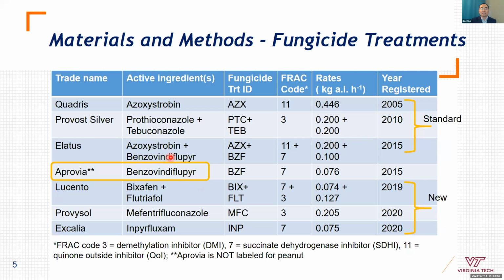So we want to compare these 2 AIs together and individually. These fungicides are mainly from 3 groups based on their modes of action: group 3, DMI, group 7, SDHI, and group 11, QoI.